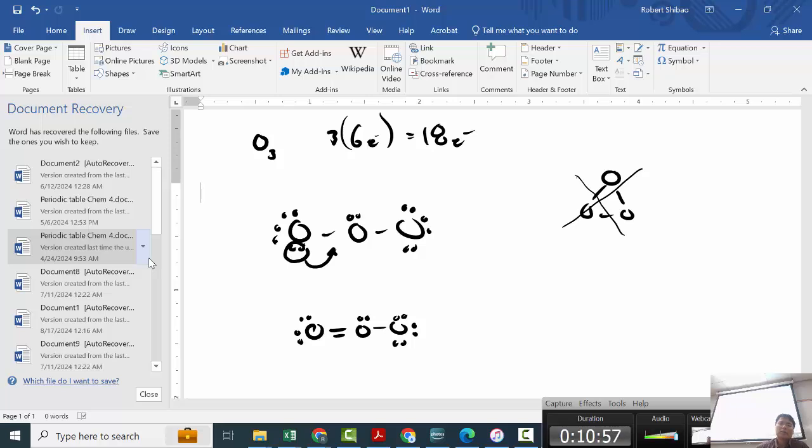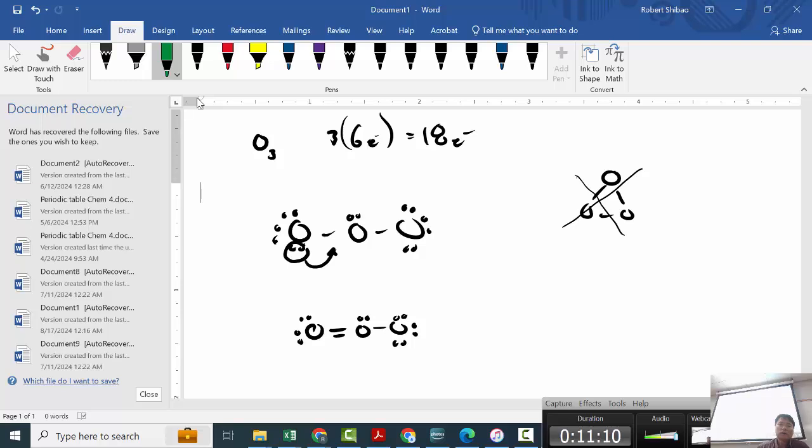Okay, then we look at the formal charges. Everybody has an octet now, but it's not totally happy yet because what are the formal charges? You guys remember how to do formal charges? The formal charge on this one is 2, 4, 5, 6. It's supposed to have 6, so the formal charge is 0. The formal charge on the middle one is 1, 2, and then we count half the bonding, 3, 4, 5.